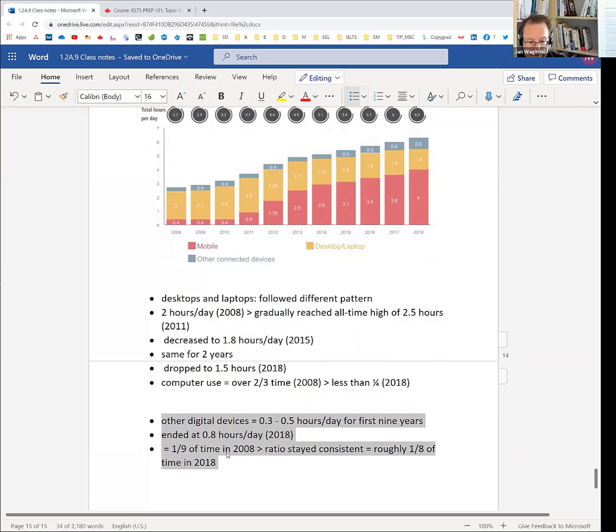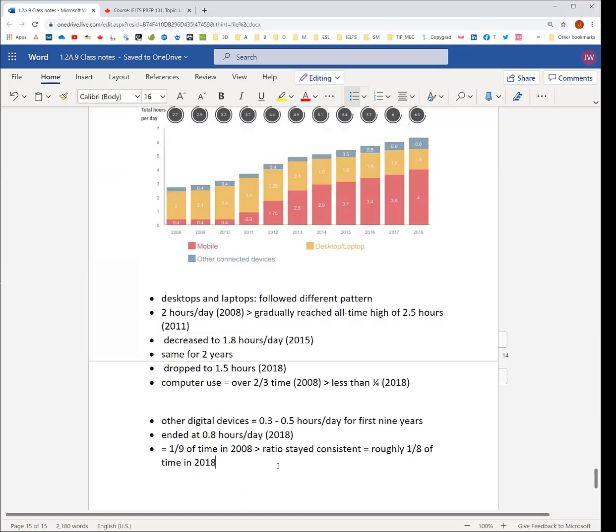Okay, so let's work on this last one. Other connected devices made up 1/9 of the time spent in 2008, with this ratio staying consistent over the 10 years of the study. We can say ending at roughly 1/8 of time spent in 2018. Ending, okay. Yep, go ahead one more time.